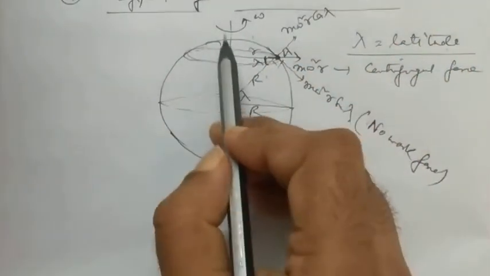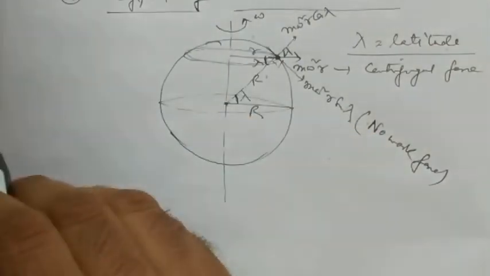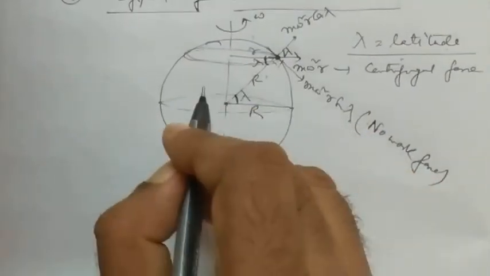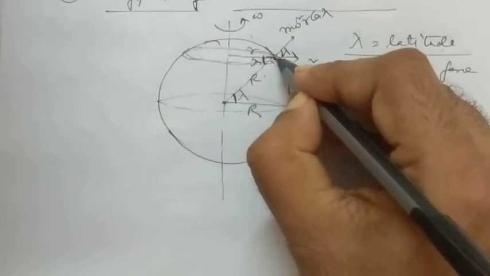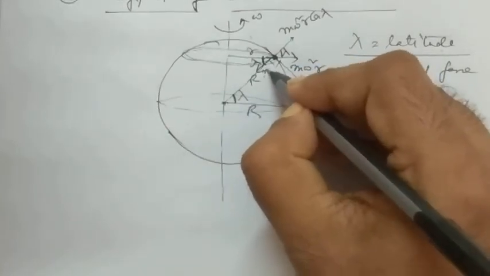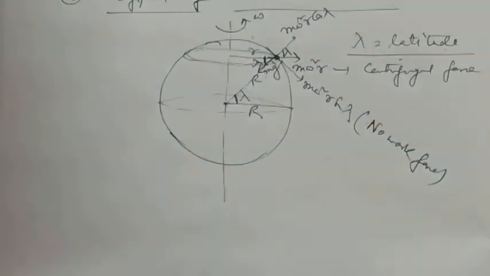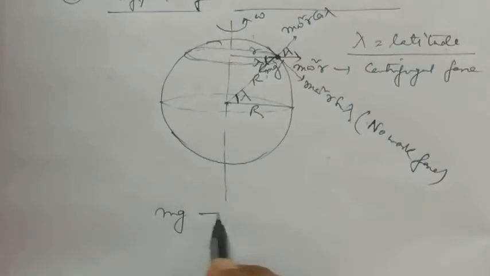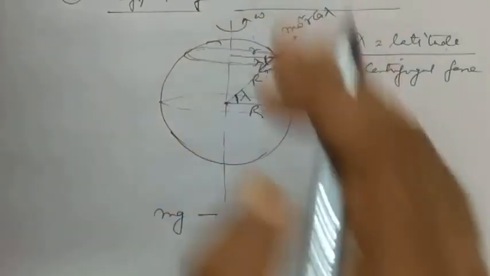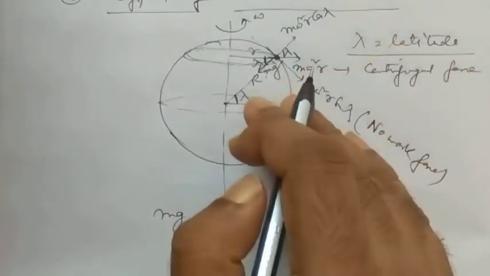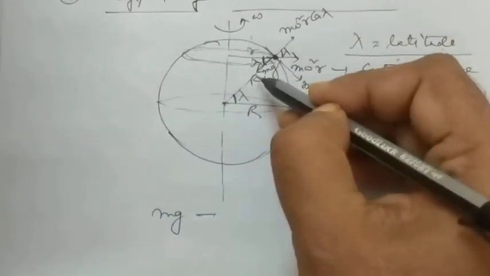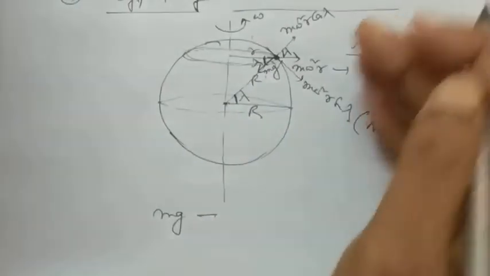That means if the earth is rotating with an angular velocity of omega, then the weight acting downwards to the center of the earth is mg. So we have to subtract m omega square r cos lambda from mg, because the force is acting radially outwards in the opposite direction to the weight.